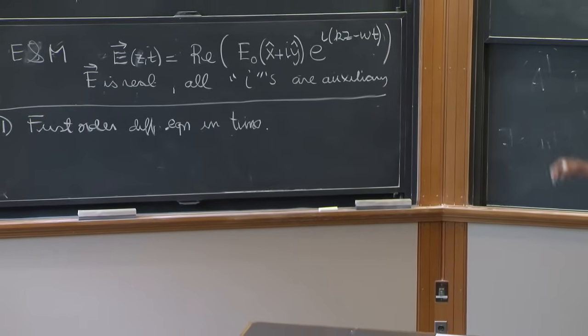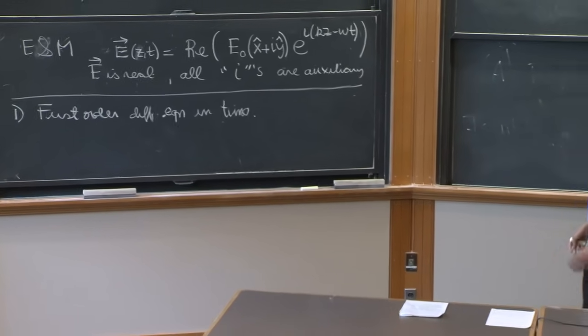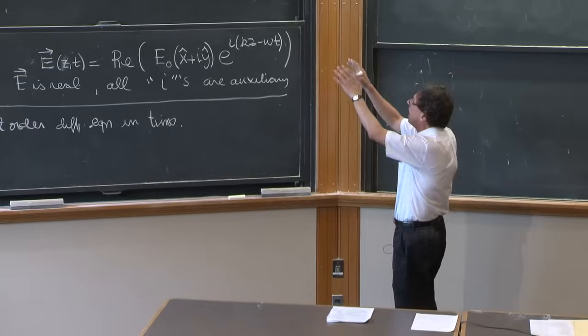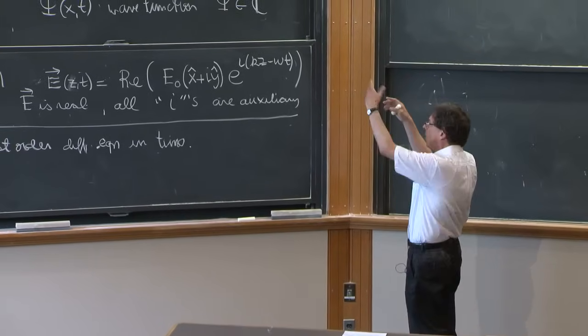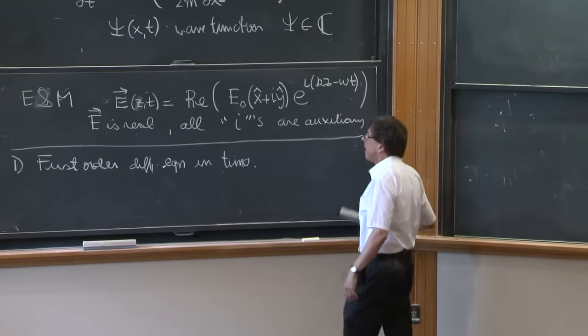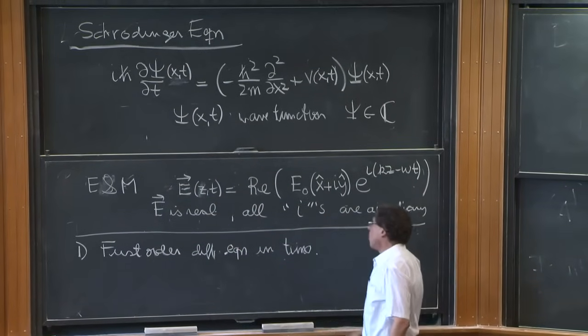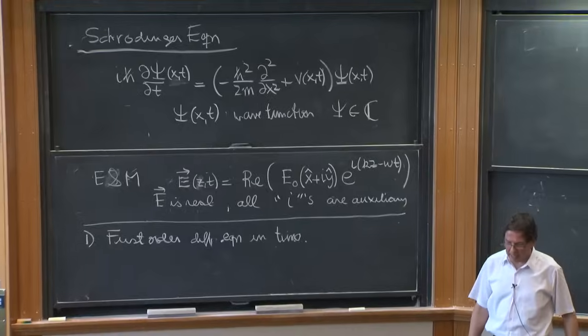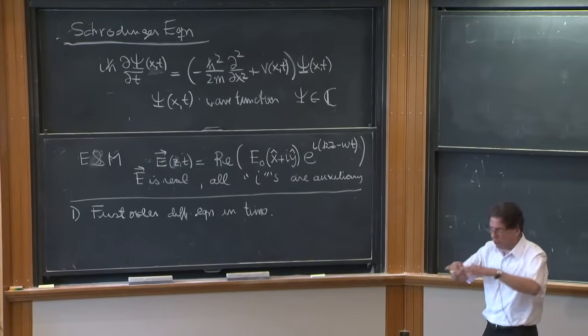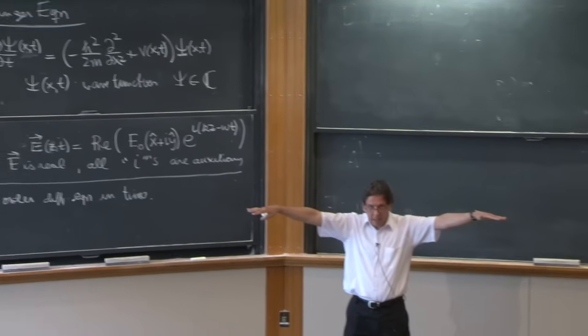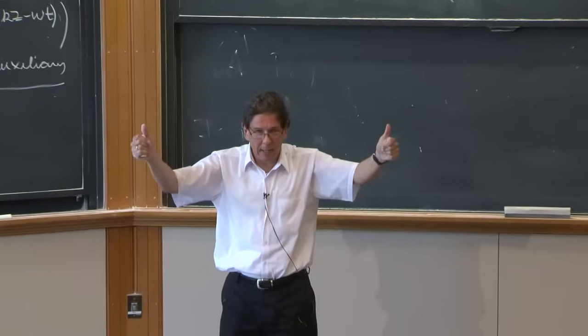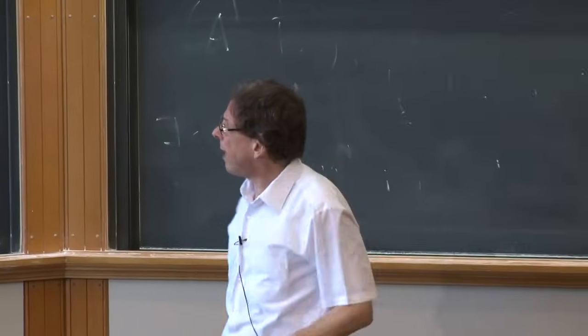There are two derivatives in space, or maybe for some funny Hamiltonians you could have even more, but definitely there's just one derivative in time. So what this means is that if you know the wave function all over space, you can calculate what it's going to be a little time later.